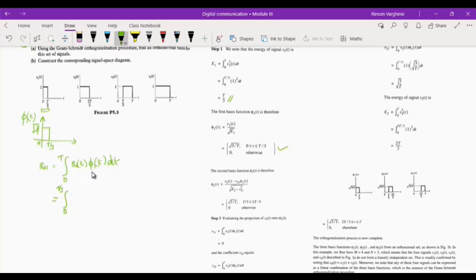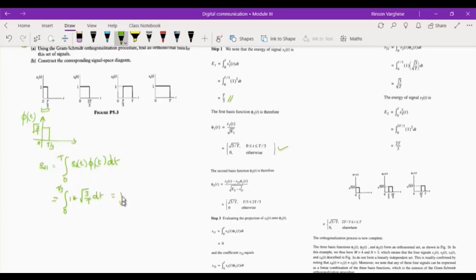S21 in this interval is 1, and so 1 multiplied by phi 1. Phi 1 is root 3 by T in this interval, dt.